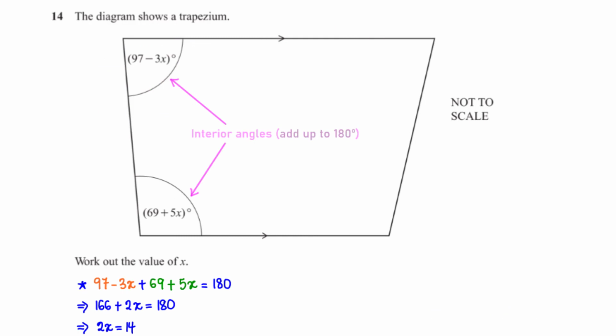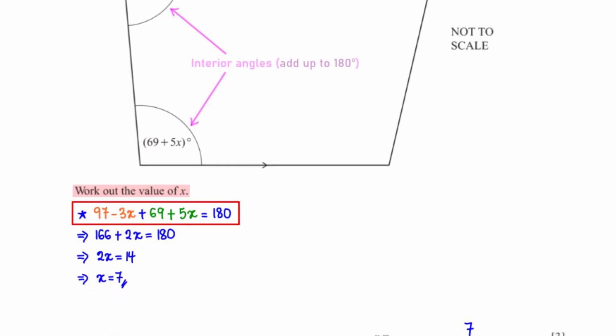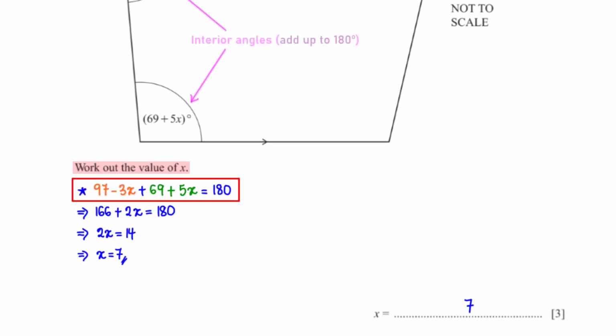The diagram shows a trapezium. Work out the value of x. Since these two lines are parallel, with this line as the transversal, then these two are interior angles. Interior angles add up to 180 degrees, so we have 97 minus 3x plus 69 plus 5x equals 180. 97 plus 69 is 166.